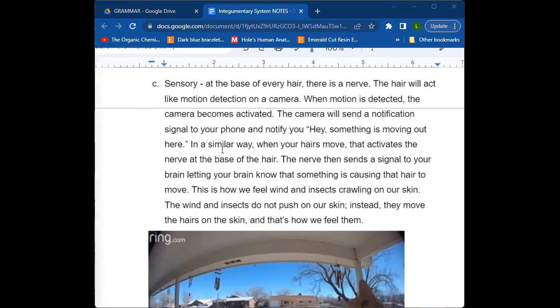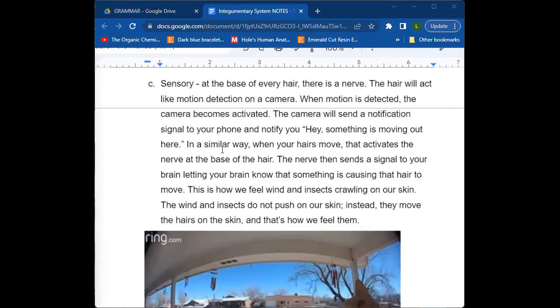Okay, now for the next function of hair, the hairs can also help with sensation. At the base of every single hair, there's actually a nerve. And then the hair is going to act like motion detection on a camera.